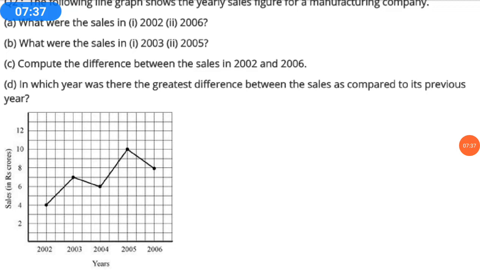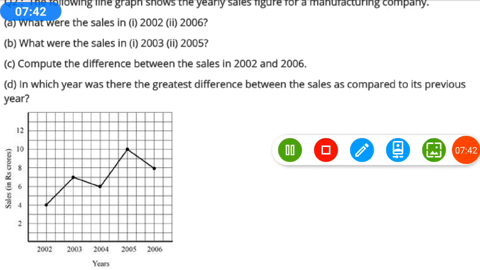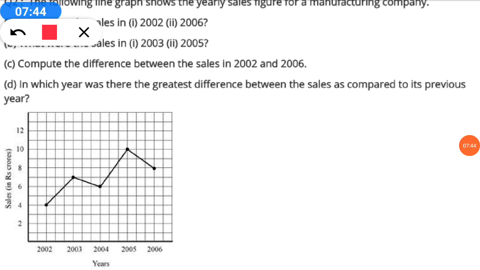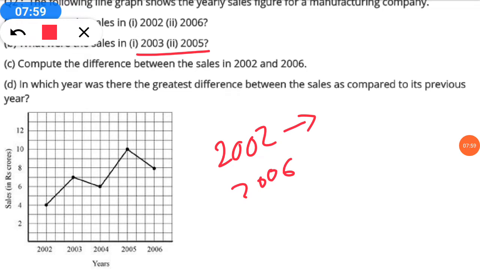As 2003 we are having the sale as between 8 and 6. As we know 2004 it is asked about 2003, hasn't it? 2003 and 2002. So 2002, I think beforehand I had said you about 2003, sorry for that. So here we are having 2002, 2006 and then 2003, then 2005, like that we are having, isn't it?